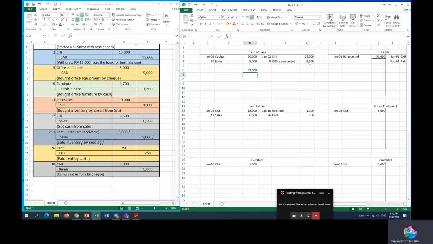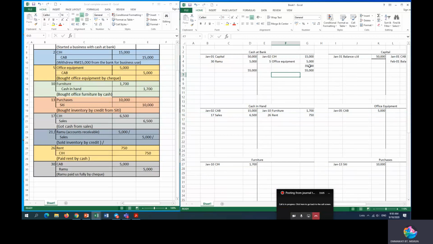And on the credit side of cash at bank, I only have 20,000. But to close the cash at bank account with 55,000, I want to make debit and credit equal. So on the credit side, you need to have balance C/D of the difference between 55,000 and 20,000. What would be the amount? The amount is 35,000.